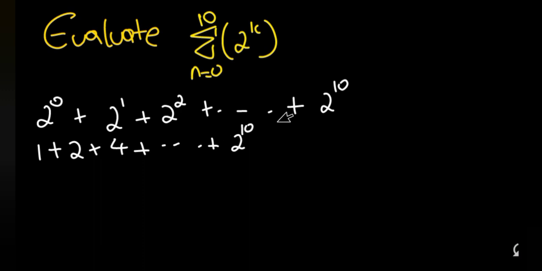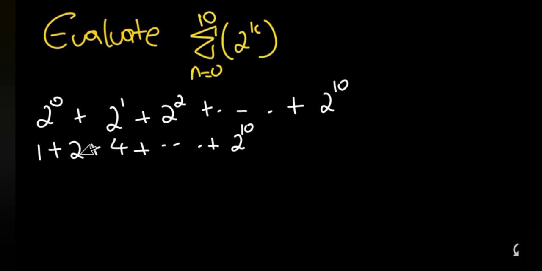I'm not going to calculate the value of 2 to the power of 10. Is it an arithmetic series or a geometric series? Let us first check if the series is geometric.